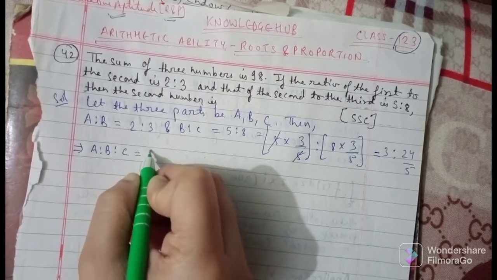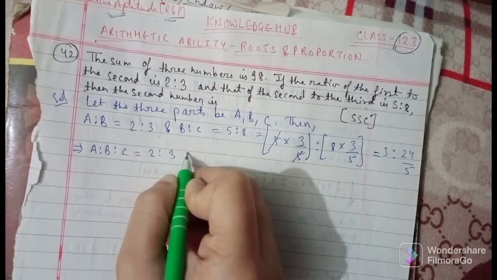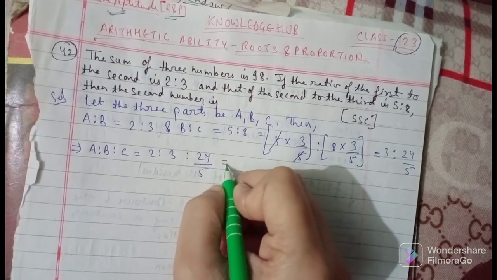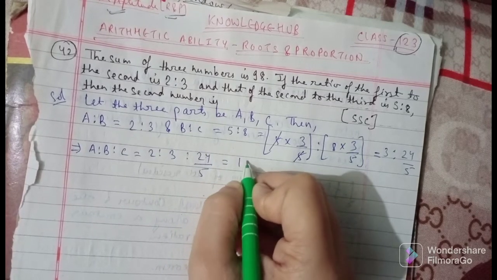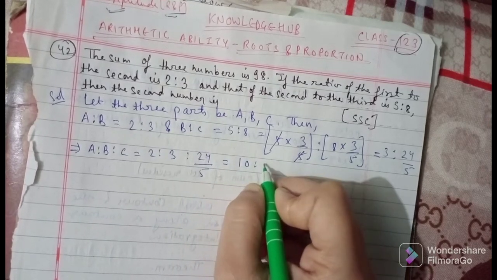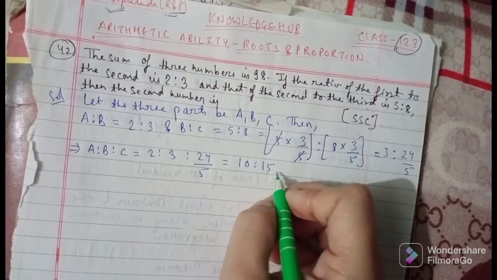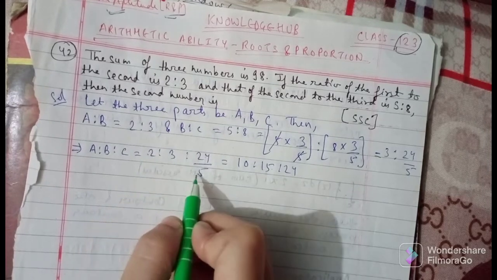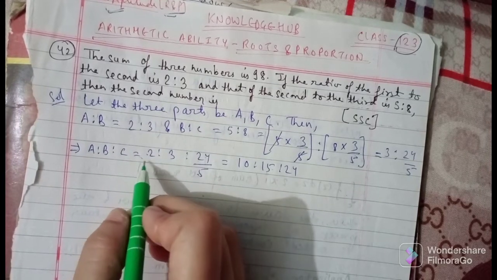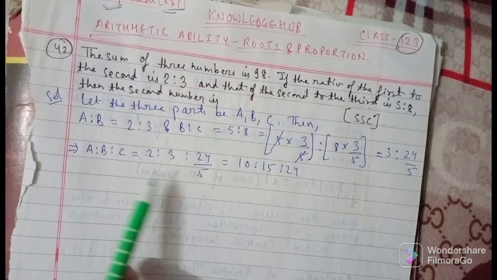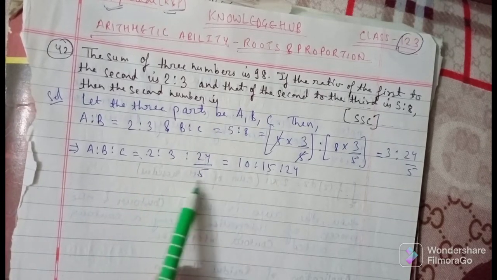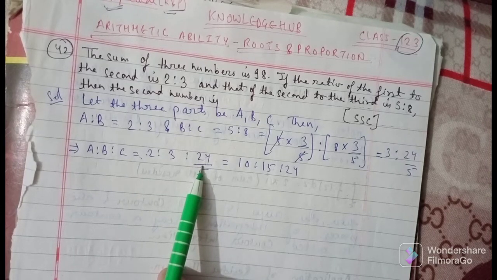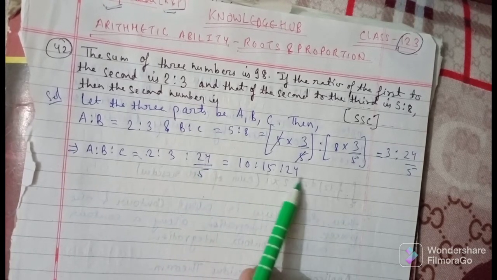A:B:C is equal to 2:3:24/5, which is 10:15:24. How is it? This 5 is in the denominator, so it will go into the numerator. 5 2s are 10, 5 3s are 15, and the denominator of 24 will be multiplied by 1, so that is 24 only.